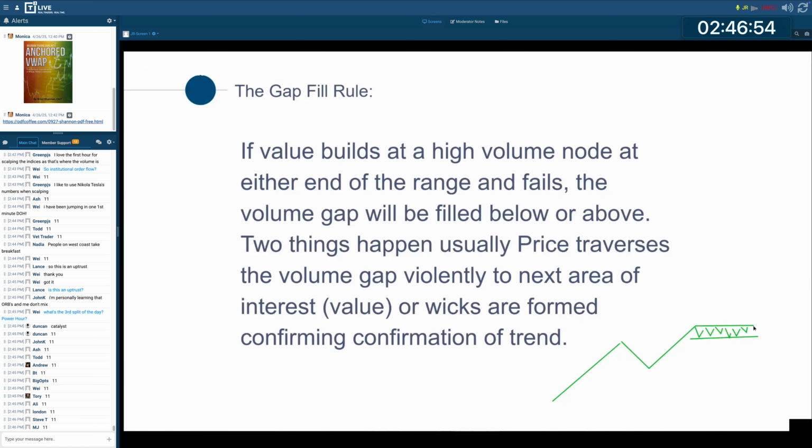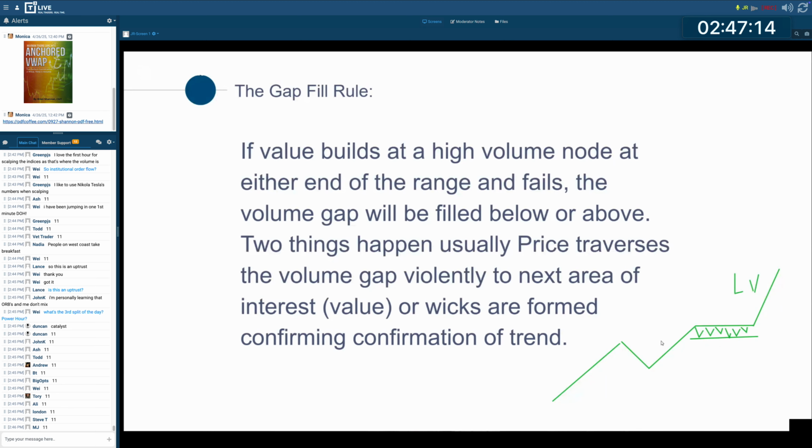And then you have a secondary breakout here on really, really low volume. So this is low volume. For whatever reason, maybe there wasn't a whole lot of sellers here. You broke out violently, and you have a really light profile here.